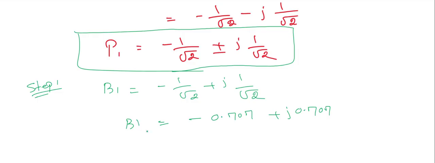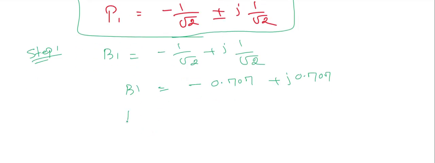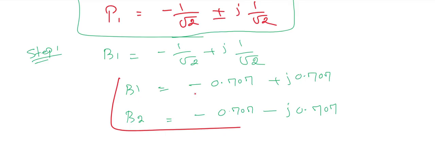This is B1. The other pole B2 is equal to minus 0.707 minus j 0.707. This is step 1, B1 and B2.